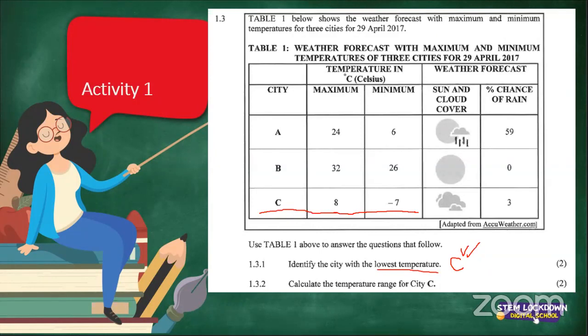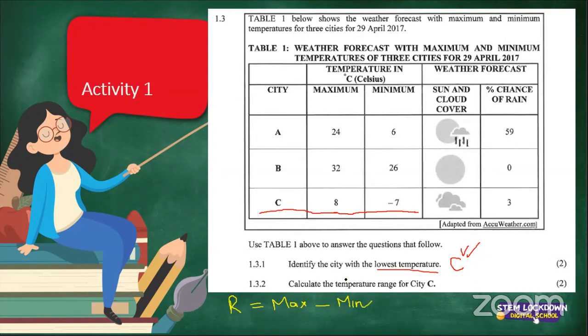We'll check. Some of you are shy, but let's see if your answers are correct. So range is basically your maximum or highest value subtract your minimum or smallest value.